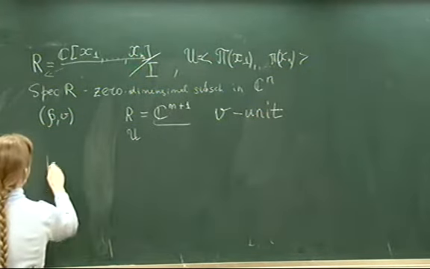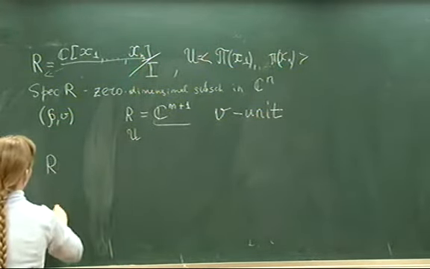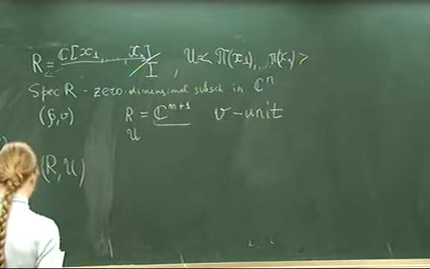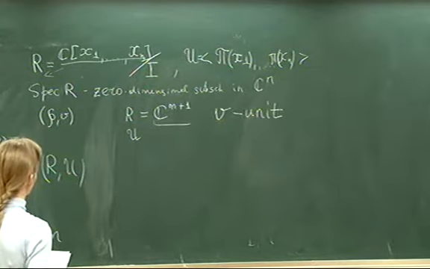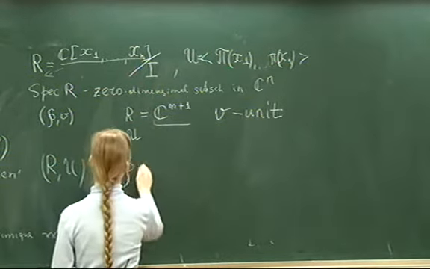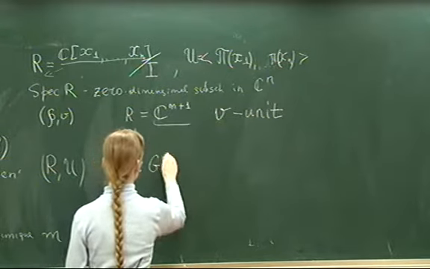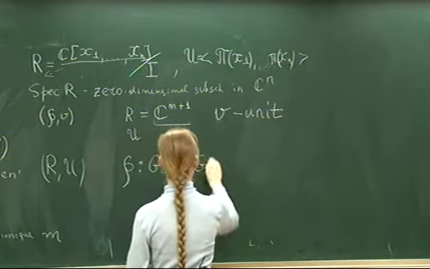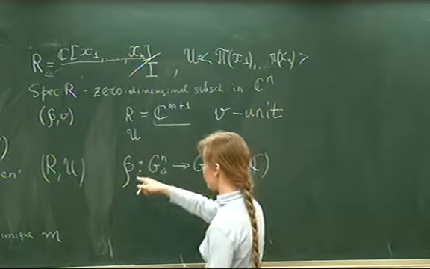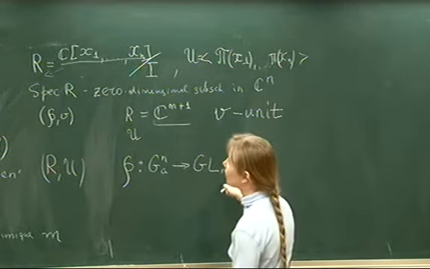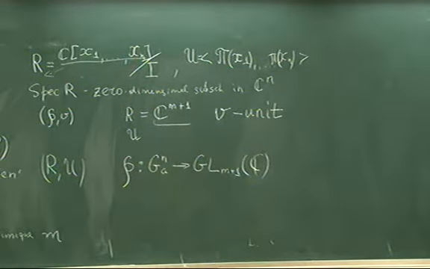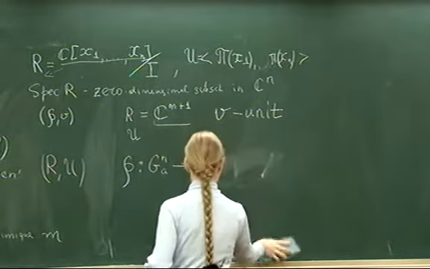Conversely, if we have first an algebra R written as a factor algebra, then we can construct the representation rho, where n is the dimension of U and n plus 1 is the dimension of R, exactly like this.